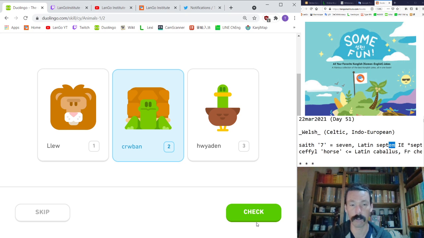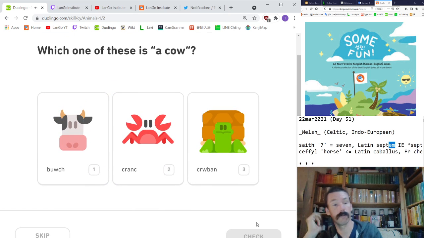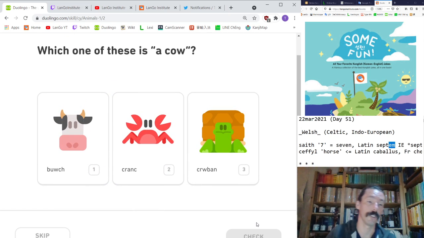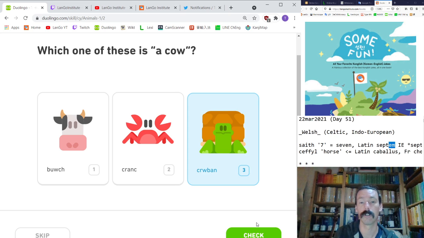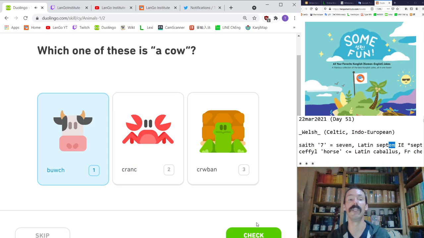That's what we call voicing. Cow. Buwch. Let's hear it. Crwban, tortoise. Crank for the crab. Buwch. So that's the sequence there. The letter U sounding as an I, and the W is an U. Buwch.